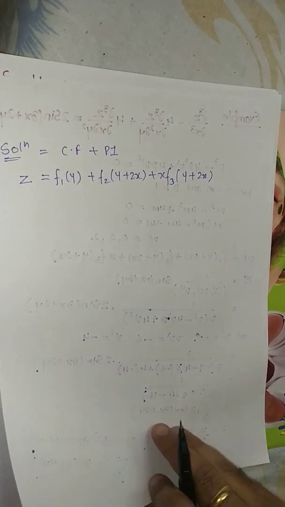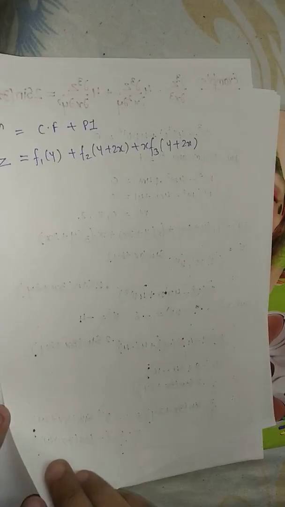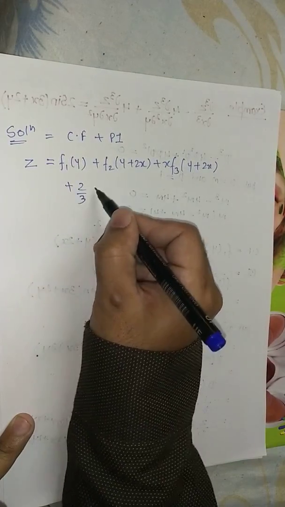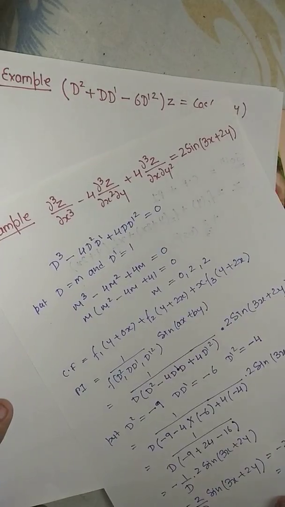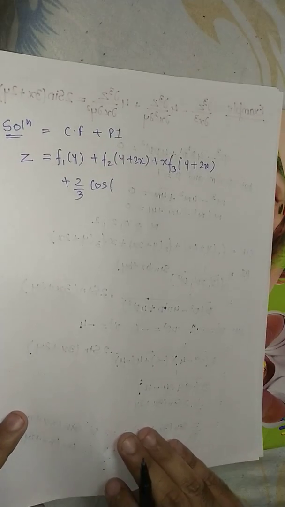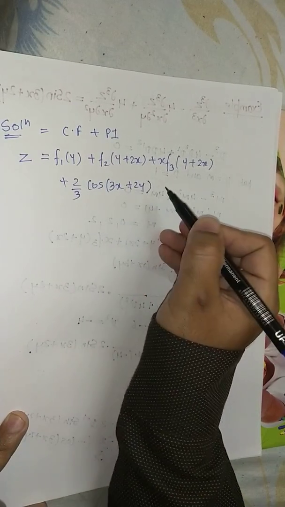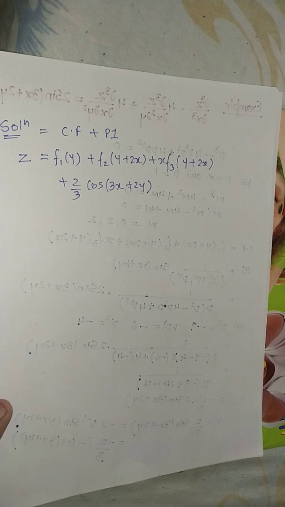Now the PI, so this is plus 2 upon 3 cos of 3x plus 2y. So this is the solution. So this is the case 2. In the next lecture we will discuss the case 3.